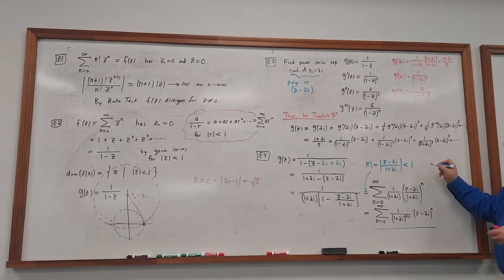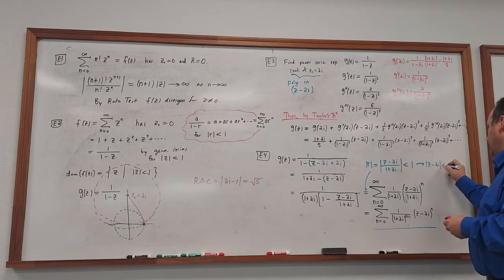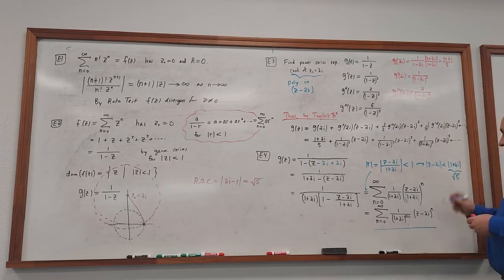It tells us that the modulus of z minus 2i is less than the modulus of 1 plus 2i, which, by the way, is the square root of 5. So I don't just have to argue by picture. I can explicitly show you from the calculus that that's the radius of convergence, and that this represents g of z on that open disk.